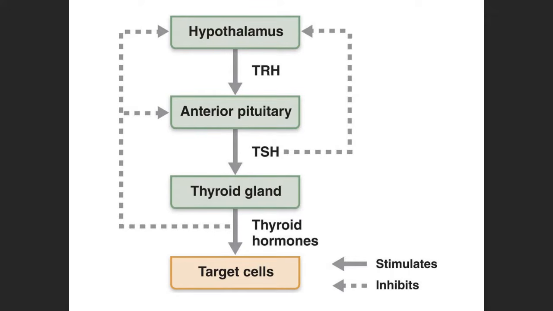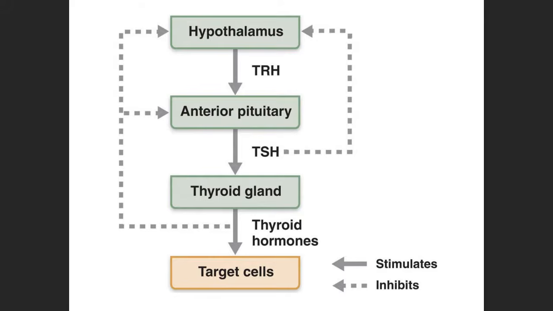So what happens if our body produces lots of TSH? If TSH levels go up, then so do the thyroid hormones. What if there's something wrong with the thyroid gland? For example, it's no longer able to produce thyroid hormones. What happens to TSH then? Well, in this particular diagram, the TSH levels are actually moderated by its own negative feedback.